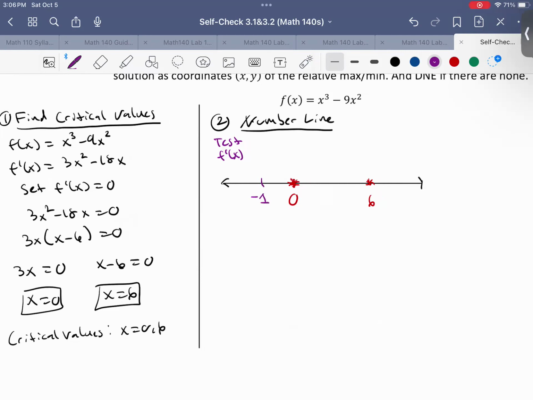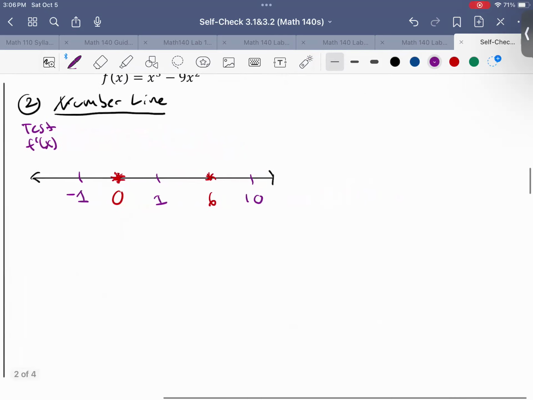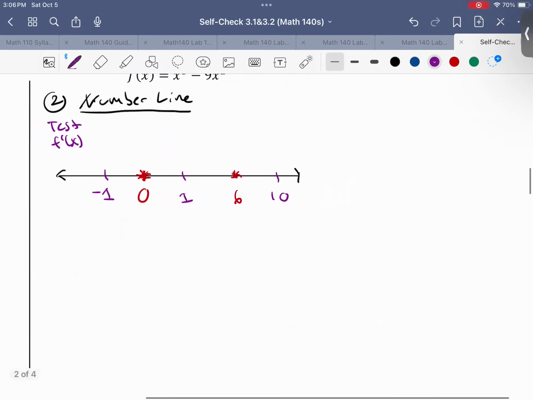You could pick like -1. You could pick 1. All right, those are easy. And then maybe something like 10. 10 is an easy number to work with too because it has a 0. But okay, so let's go ahead and plug these numbers in and see what we end up with.